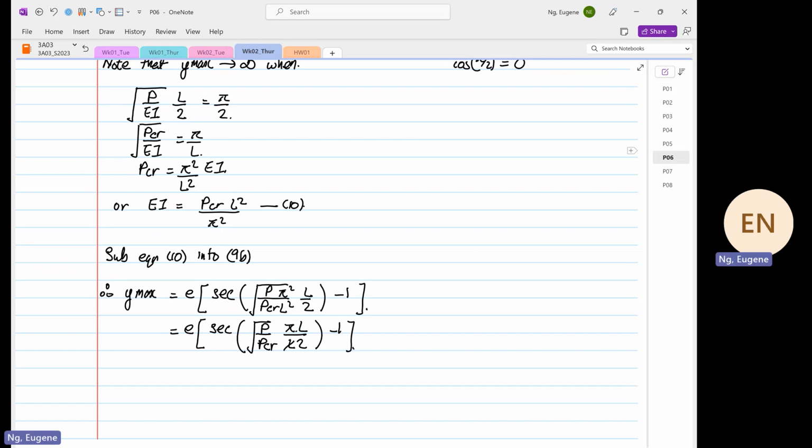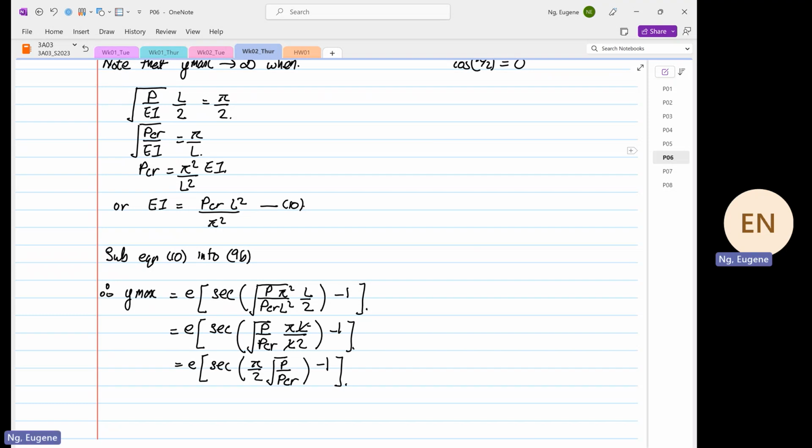You can cancel this. So your expression will be Y max equals E times secant of pi over 2 square root of P over P critical, minus 1.